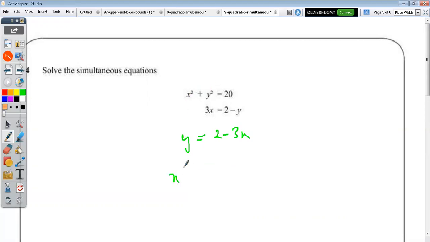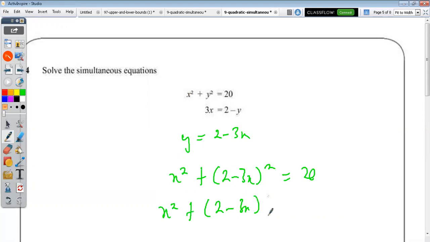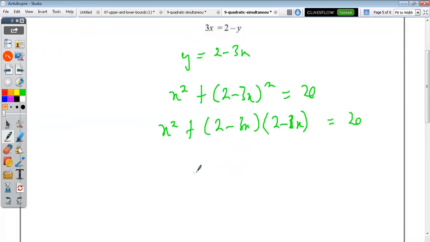We will have x squared plus (2 minus 3x) squared is equal to 20. So it's x squared plus (2 minus 3x)(2 minus 3x) is equal to 20. Make sense? Now it's just the same thing. 2 times 2 gives us 4.